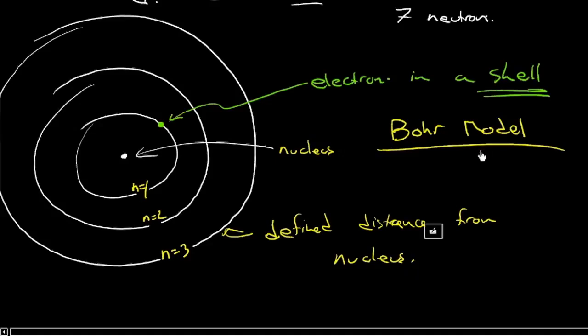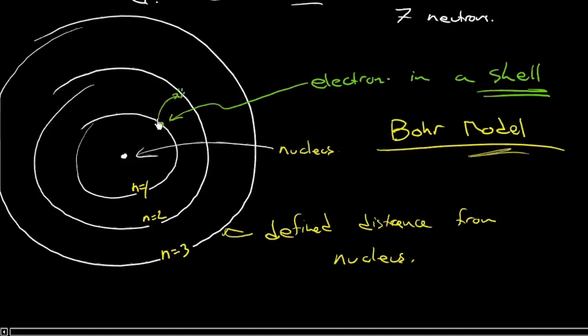But again, it's a model, and so we'll see it's actually useful for certain discussions. In fact, one thing that's quite useful for discussing is, what if you could cause an electron to move from this shell closest to the nucleus to a shell at a further distance?